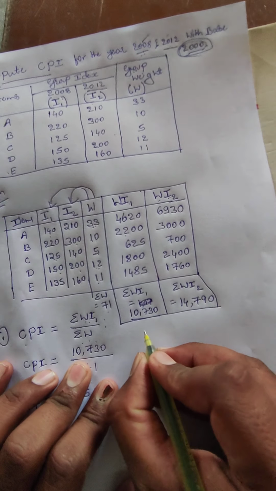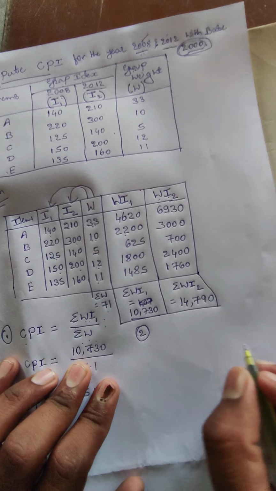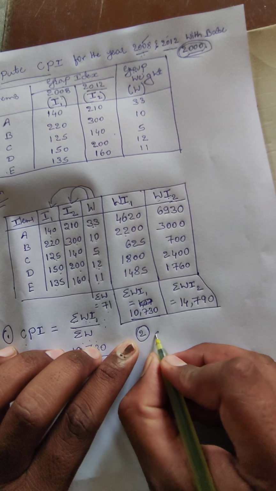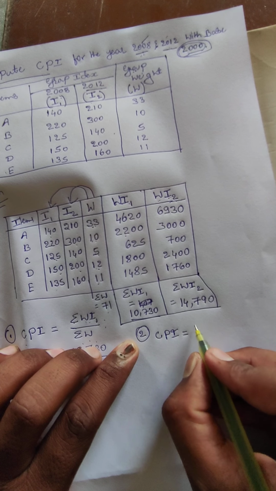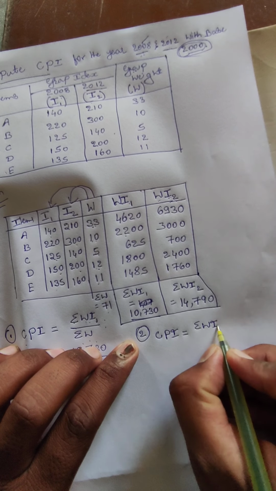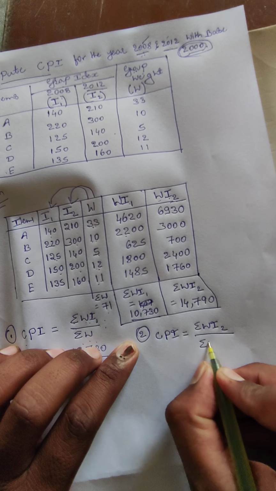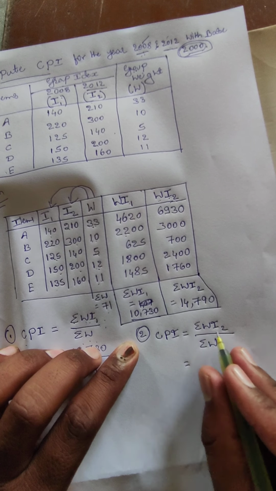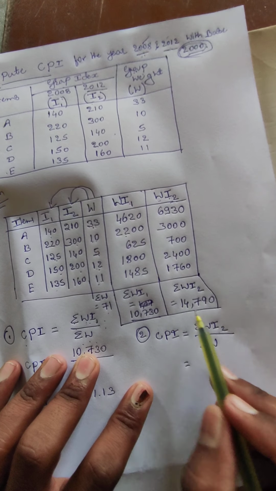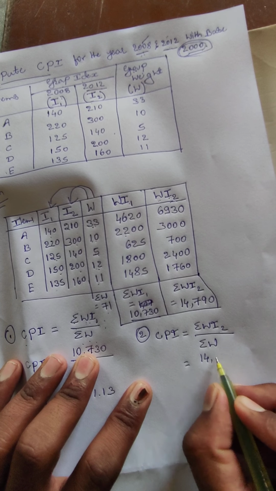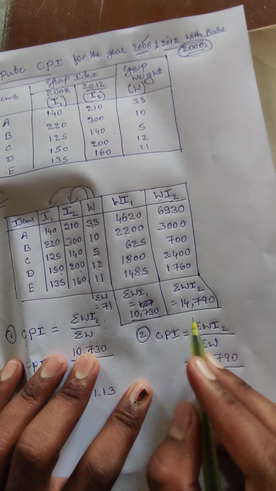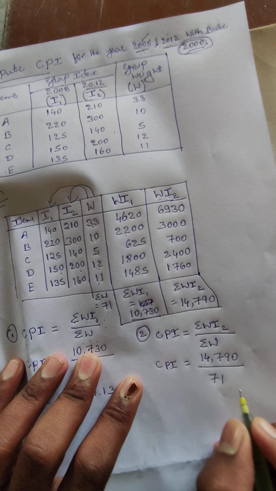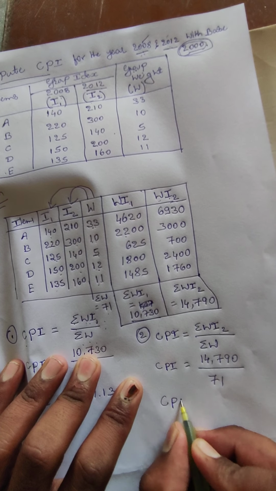CPI, the consumer price index, is equal to the summation of WI2 divided by the summation of W. The summation of WI2 we already calculated: 14,790, divided by the summation of W, 71.